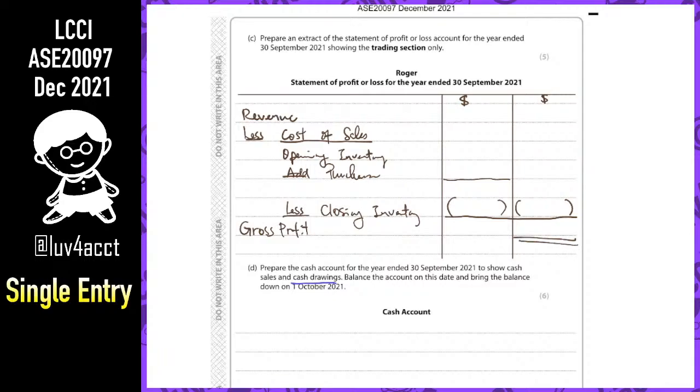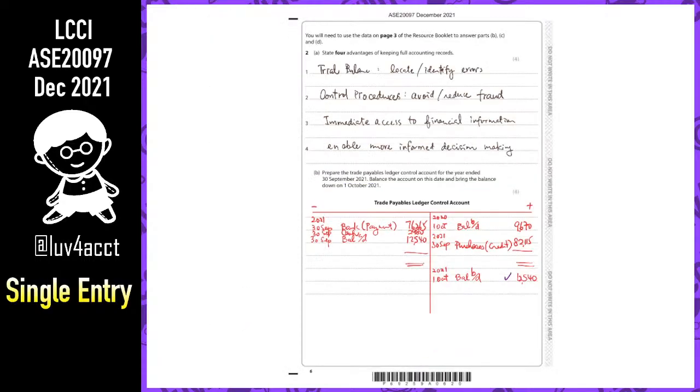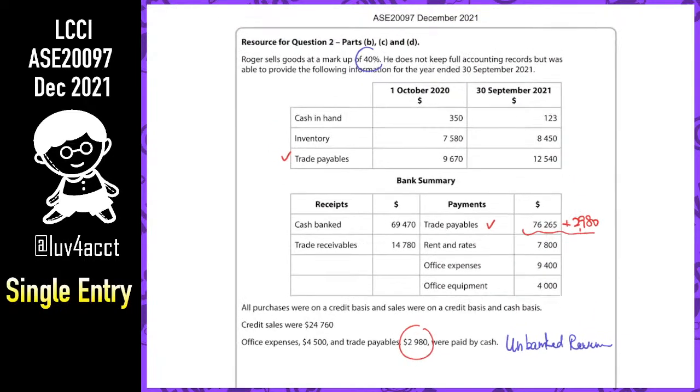Okay, we already have 3 items. We have opening and closing inventory, and we have purchases. So purchases 82115. And opening and closing inventory here.